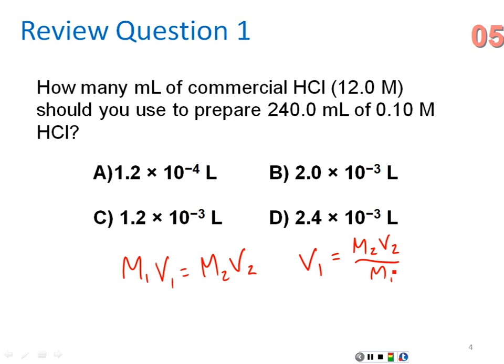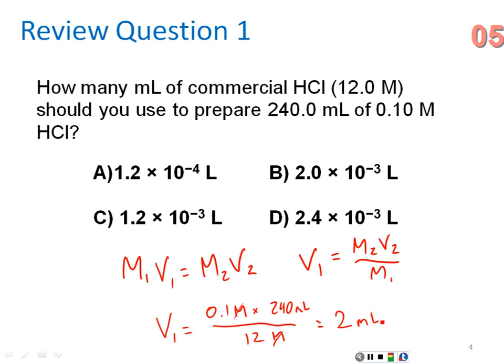Now we can plug in numbers. V1 will equal 0.1 molar times 240 milliliters divided by 12 molar. See that the molars cancel out. We're going to be left with an answer in milliliters, and we get 2 milliliters.